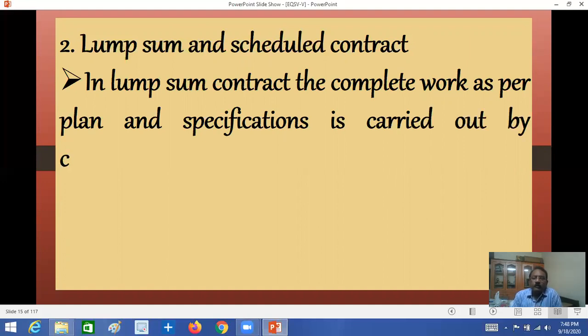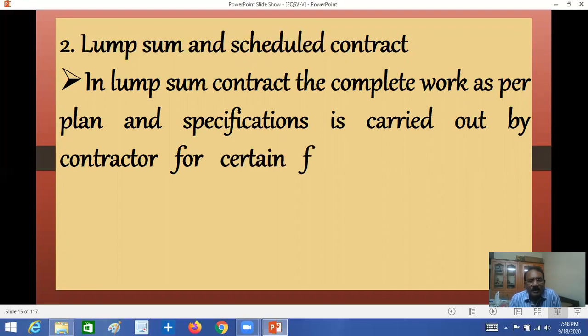Suppose for a brick wall, for 1 meter length, say 500 rupees. If you construct 1 meter length extra, you have to pay that amount. That is a small example, but in a contract you have a schedule of rates.